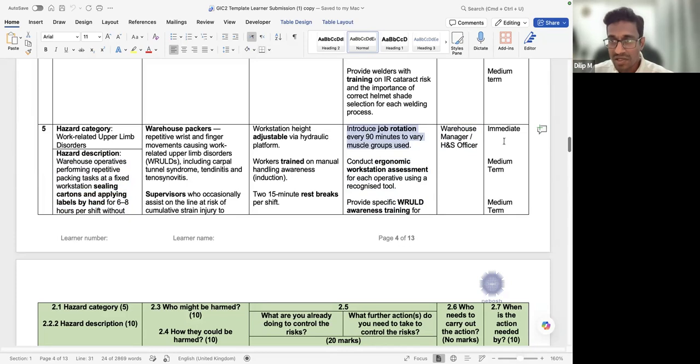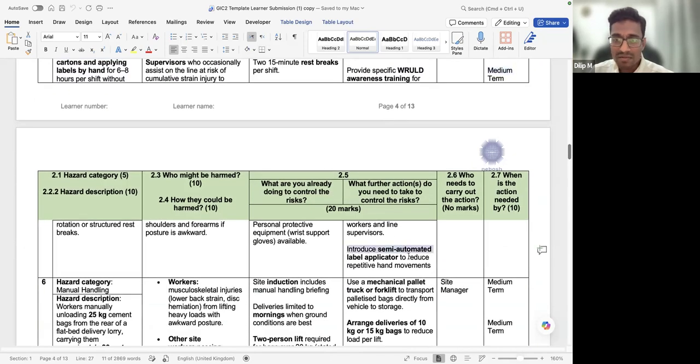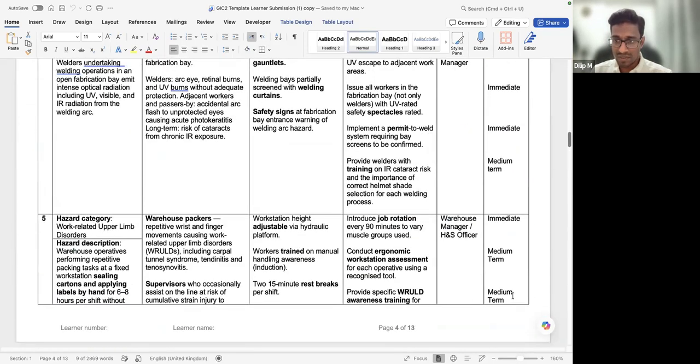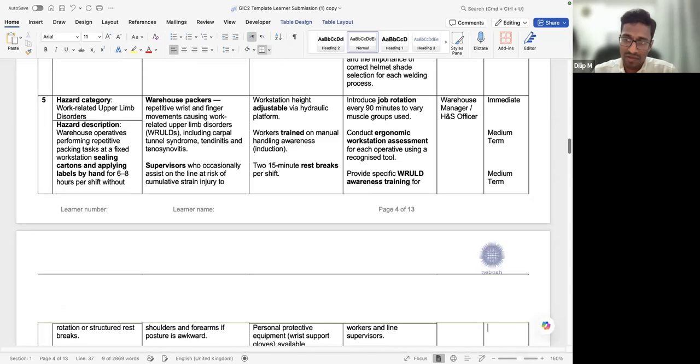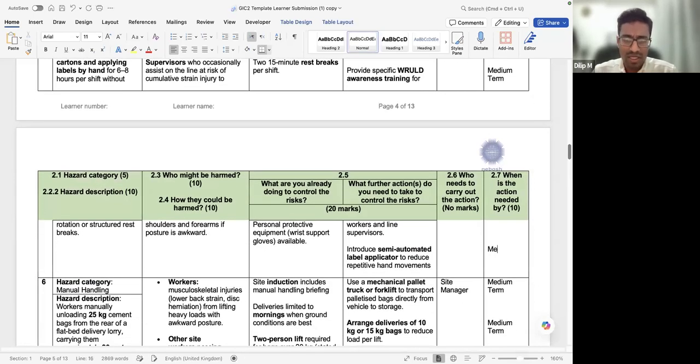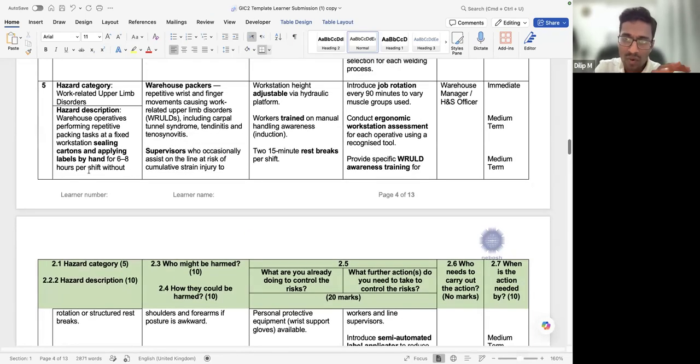So for the first action, immediate; second action, medium term; third action, medium term; and then here, it is not mentioned, so I will include long term or medium term. So it shouldn't cost you much. So again, a medium term. Okay. So we have covered one complete row for the hazard category, work related upper limb disorders.